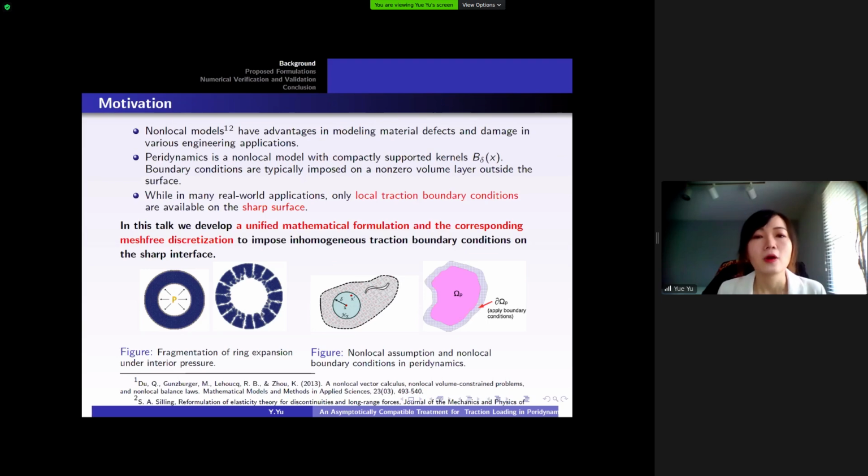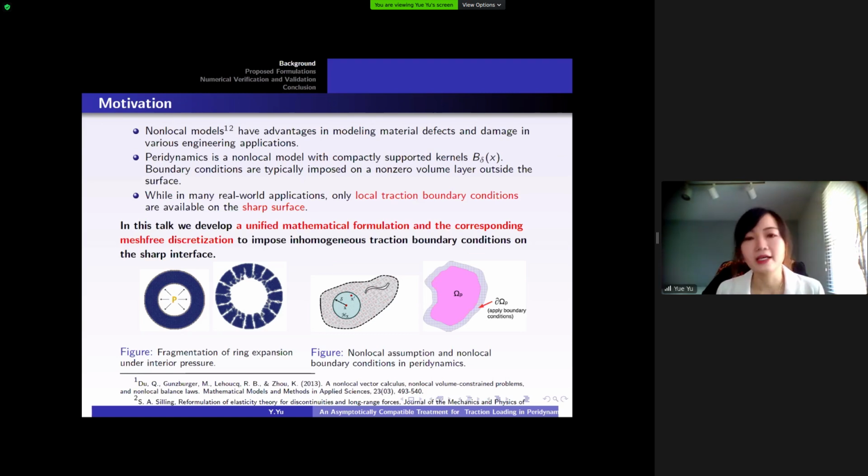Therefore, to make the peridynamics model more applicable to real-world applications, we are hoping to develop a treatment to handle complex traction loadings on complex geometry.